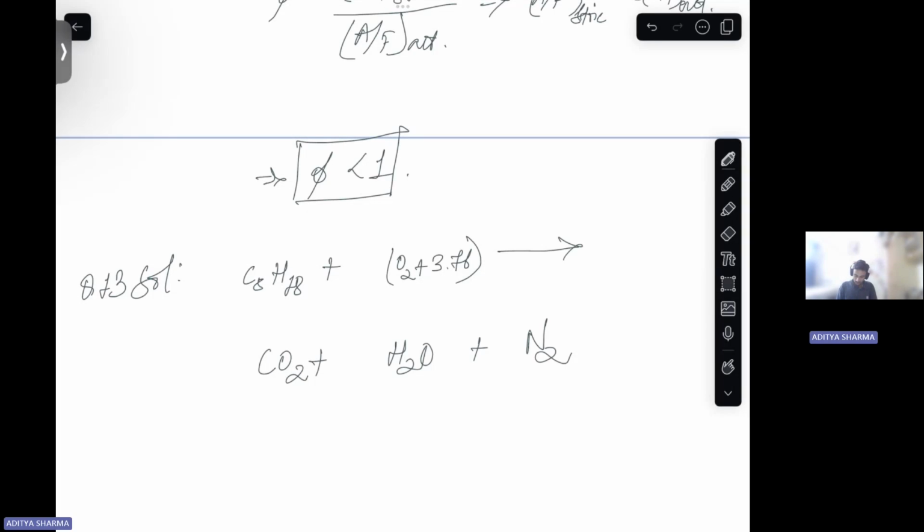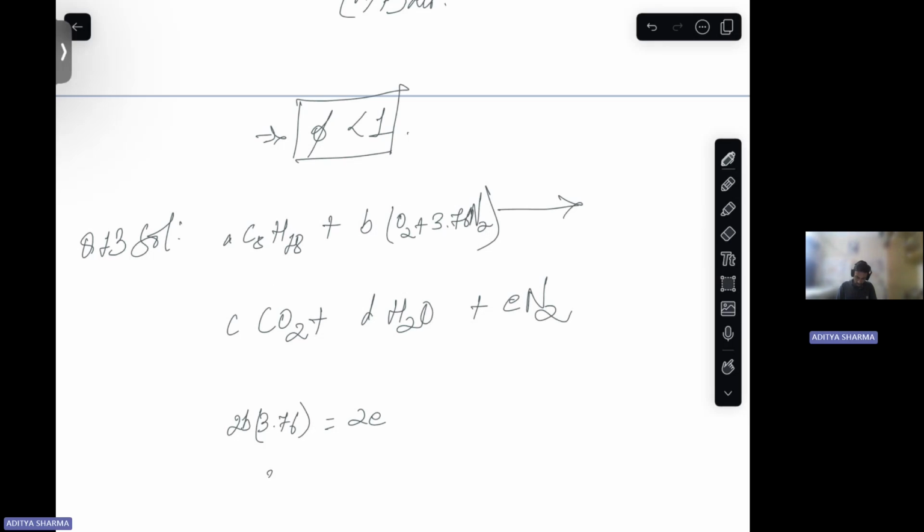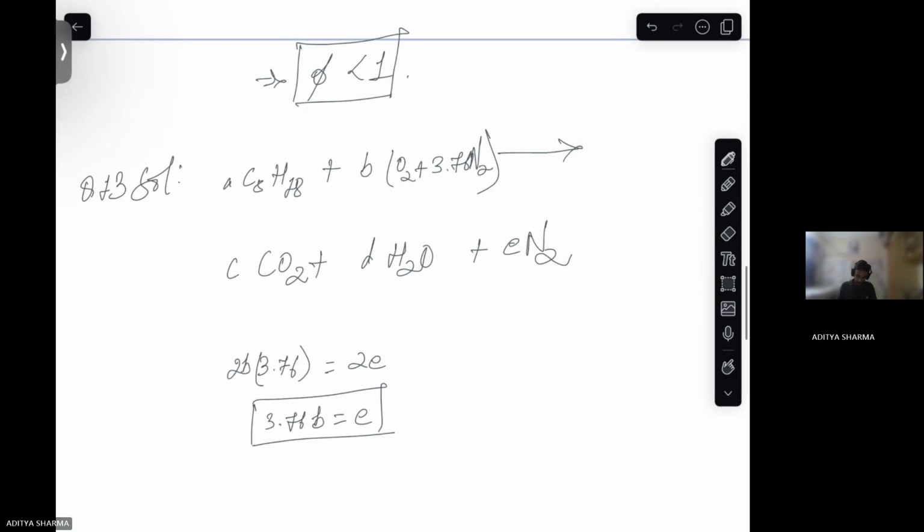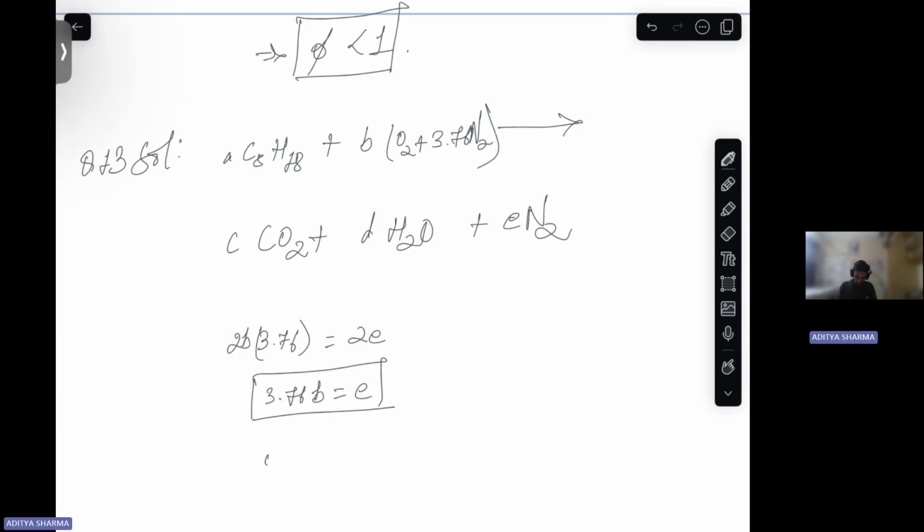So this is A, this is B, this is C, D, E. Now, 2B into 3.76 equals 2E, which implies 3.76B equals E, which is first. Then 8A equals C.